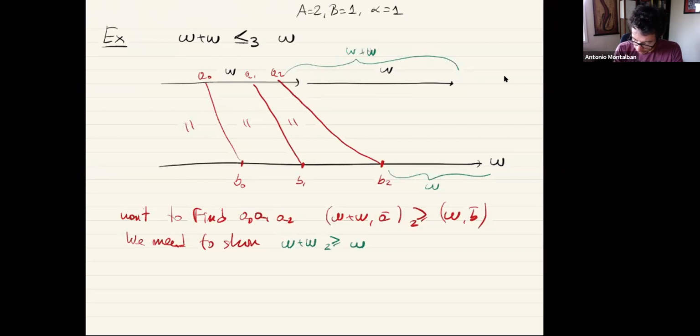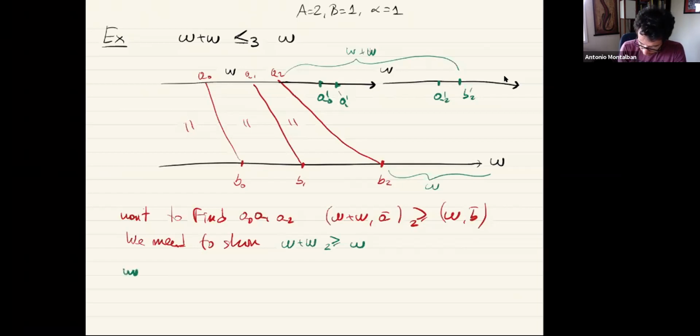So now we're gonna take, okay, let me just extend this picture a little bit more. So let's suppose that this omega goes up to here and the other omega goes up to here. So now I want to take a tuple from here, 1, 2, 3. Let's just choose this 1, 2, 1, 2. So this is A0 prime, A1 prime, A2 prime, B2 prime. And now I want to find a tuple on the bottom.